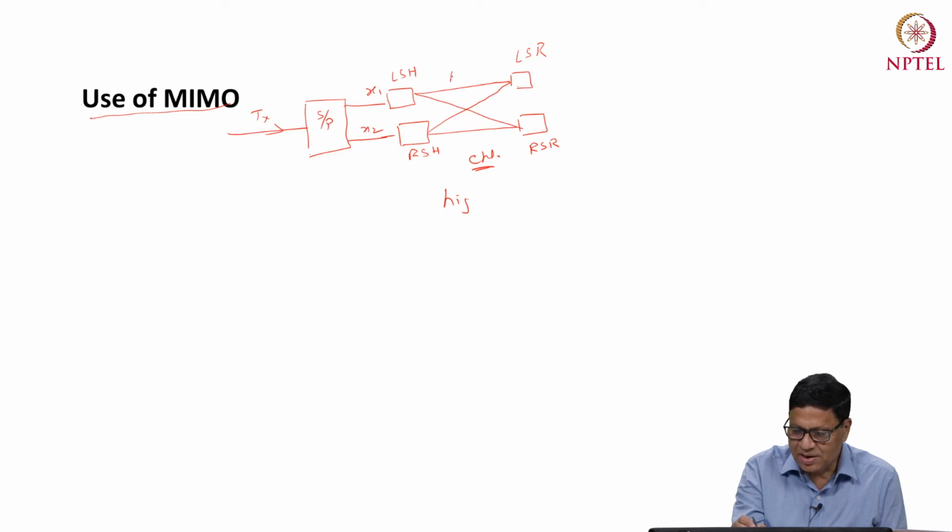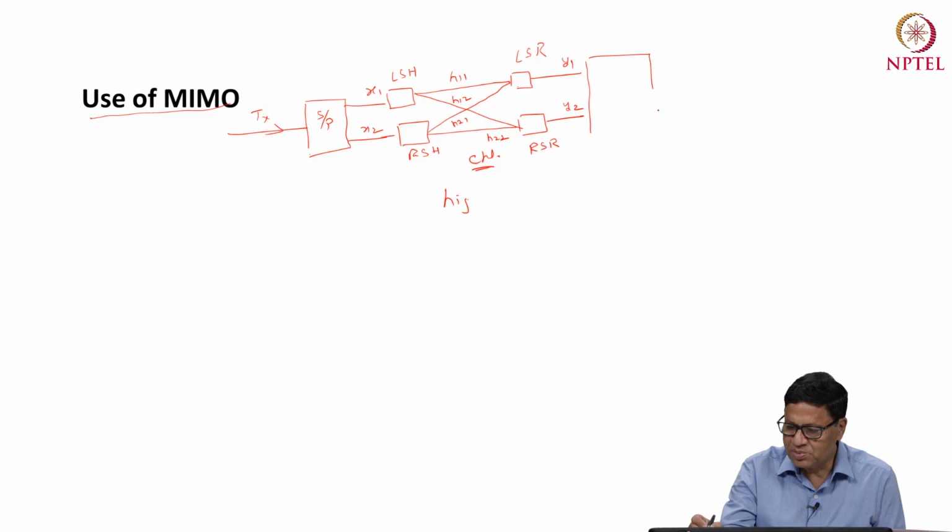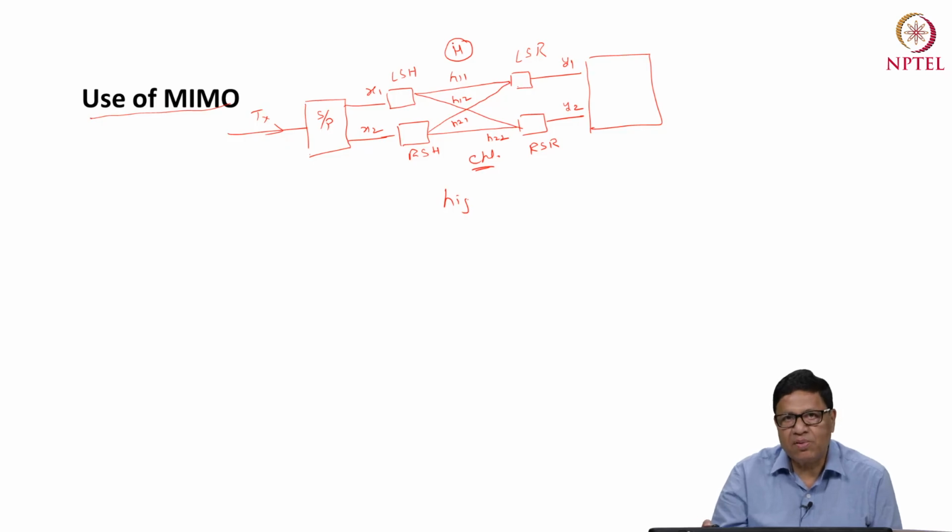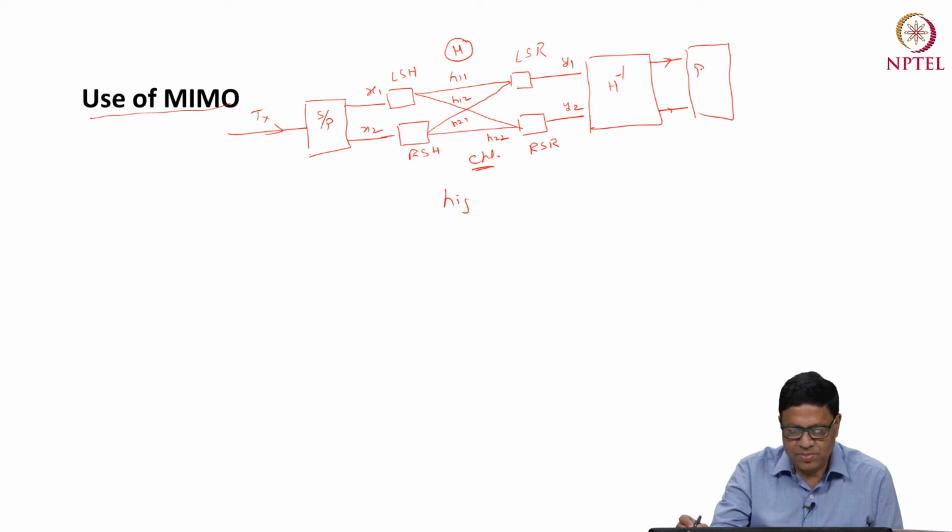So this is, for example, H11, this will be H12, this will be H21, this will be H22, and then you have Y1 here, Y2 here, and then you use some sort of equalizer. So if this is H here, and it is a 2 cross 2 matrix, you can always take an inverse. So if you have an equalizer which has this characteristic H minus 1, then what you get is, and this is some serial to serial, and this is your received data.